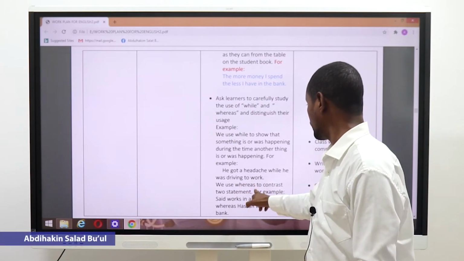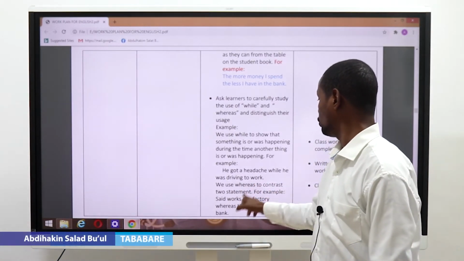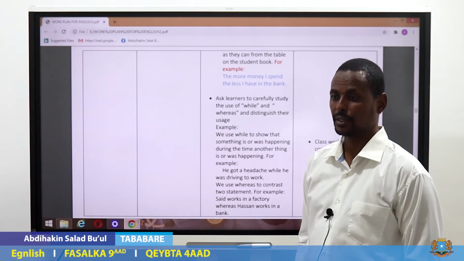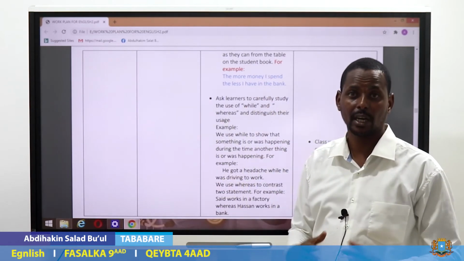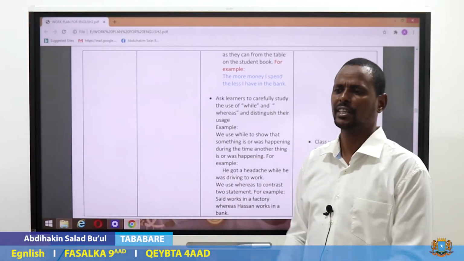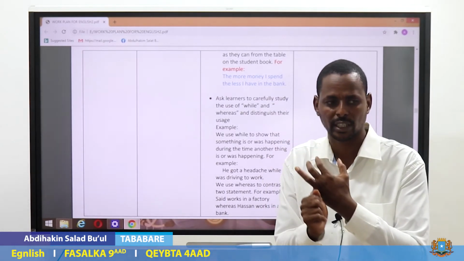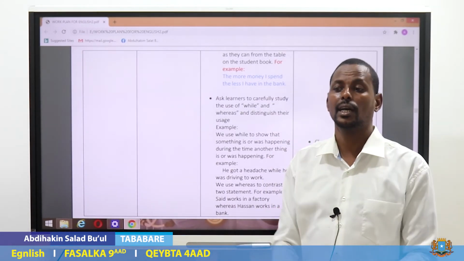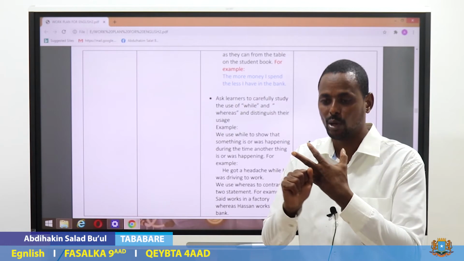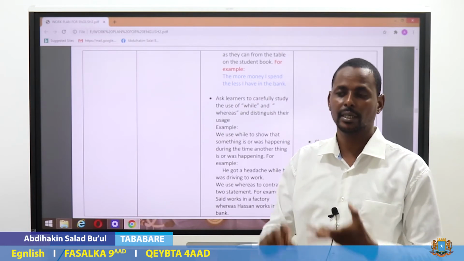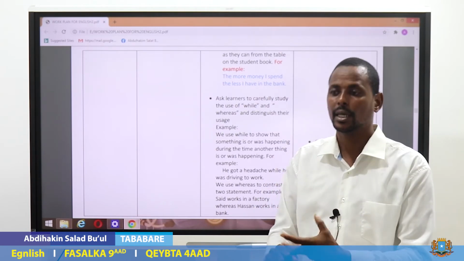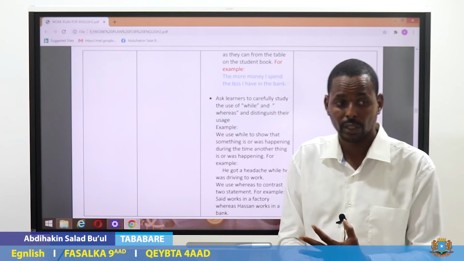We use whereas to contrast two statements. This is after students have discussed, after they have constructed as many sentences as they can, after you have checked their feedback and seen their responses, now you want to make corrections.